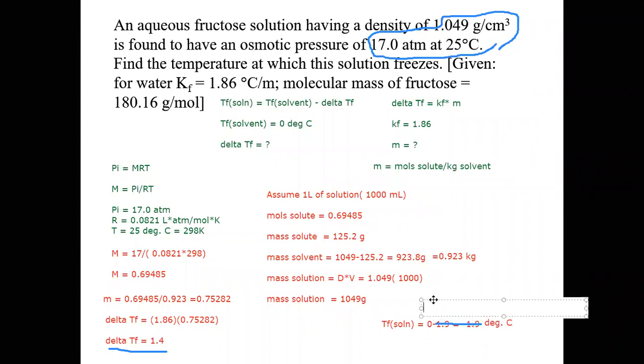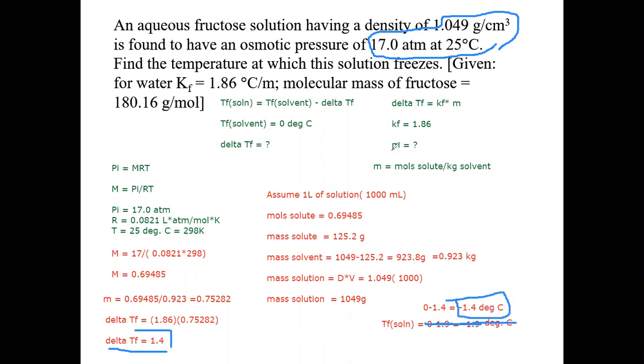So 0 minus 1.4 equals negative 1.4 degrees Celsius. So again, most people get to this point, they find delta TF, but then they forget to subtract it from 0 to get the freezing point, which is negative 1.4 degrees Celsius.